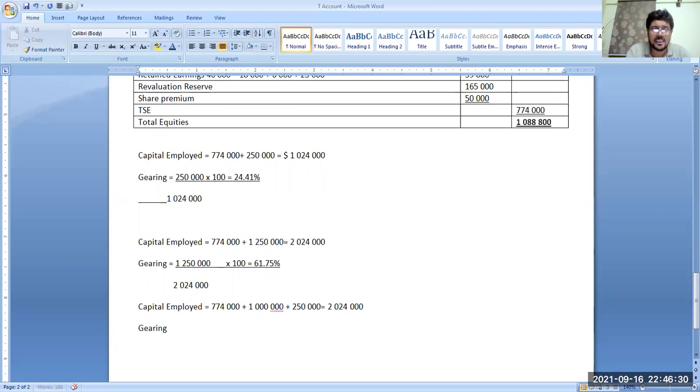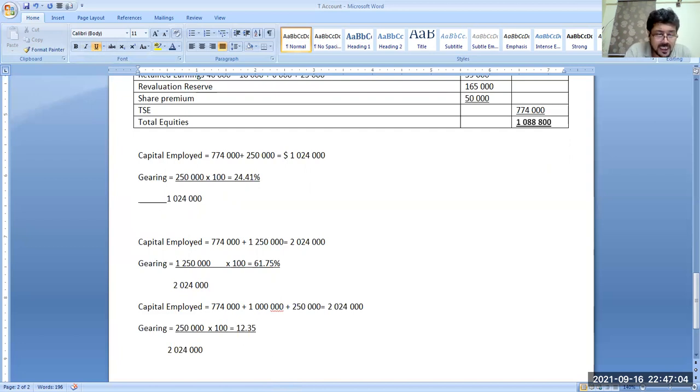So your gearing would be $250,000 divided by 2,024,000 multiplied by 100, which is 12.35%.